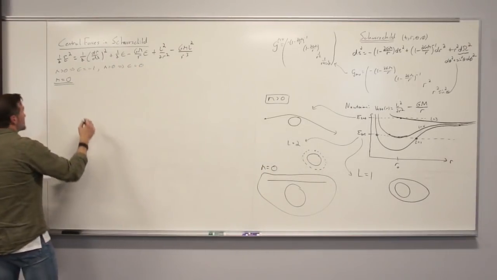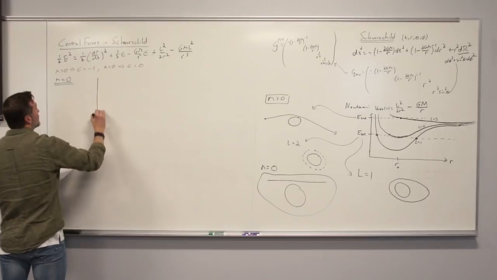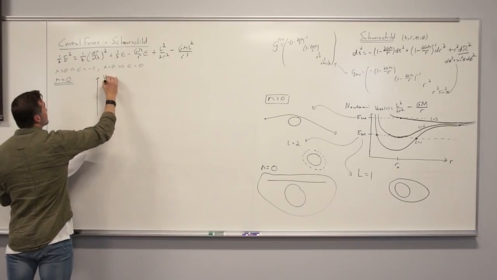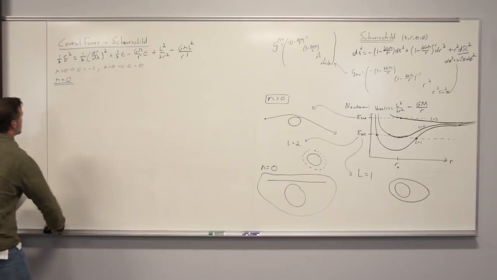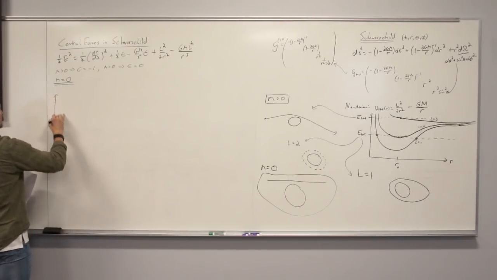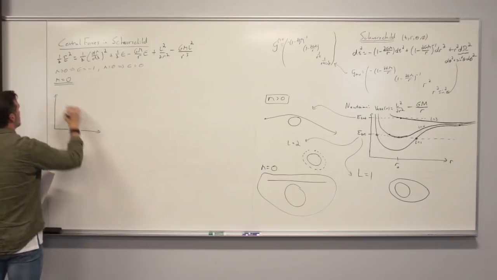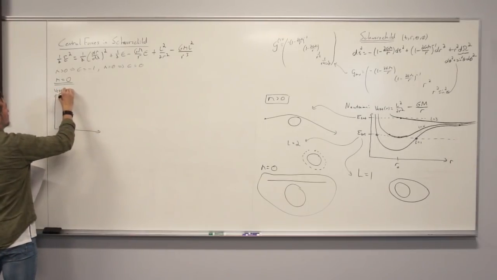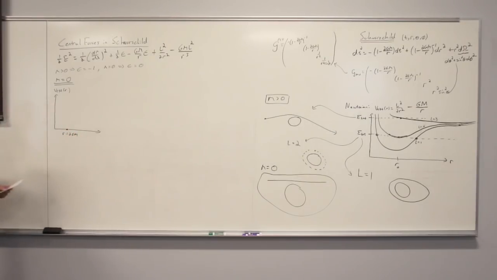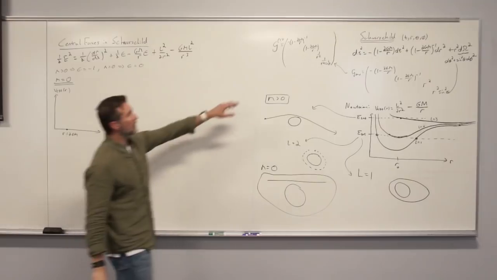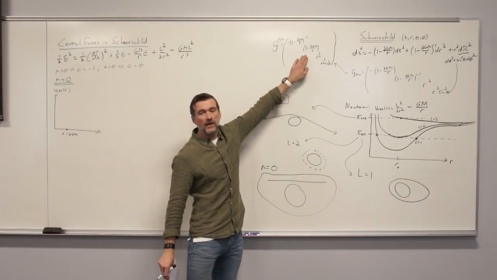So if we plot this thing, what we find is a very interesting result. R equals 2GM clearly plays an important role in this geometry, and we'll explore the relevance of that later.